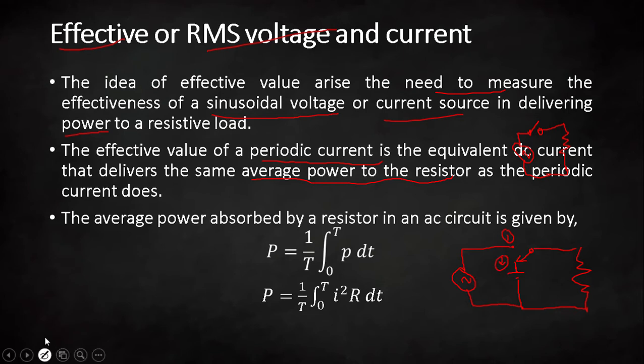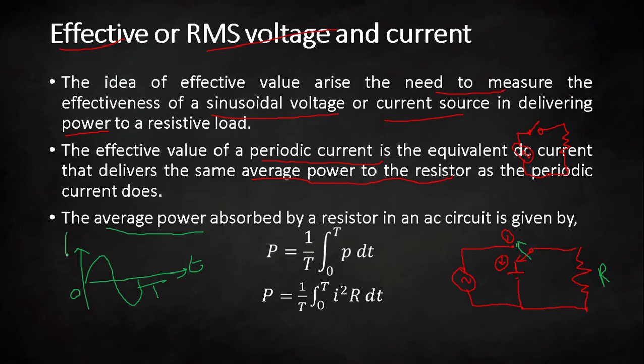Now when this switch is connected to point 1, at first we are interested in finding the total power absorbed by this resistor R. The definition of average power is that we have to find the value of power over one period cycle, and for a sinusoid one period is T, to complete one cycle, that is 0 to T seconds.